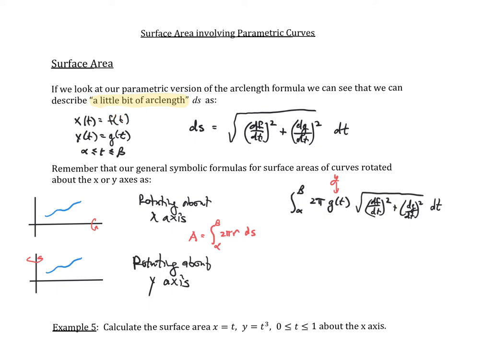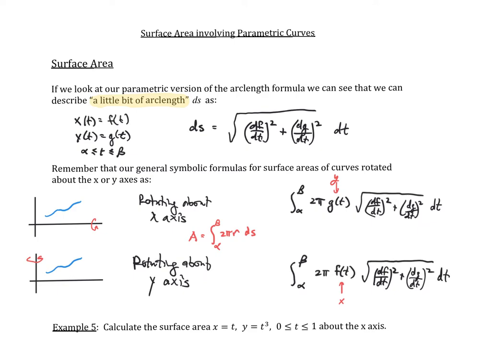So when I go to write my formula for rotating about the y-axis, that's going to be the integral from alpha to beta of 2 pi f of t times the ds piece, which was the square root of (df/dt) squared plus (dg/dt) squared dt. All right, and just as a quick reminder, this is our x which is perpendicular to the axis of rotation.